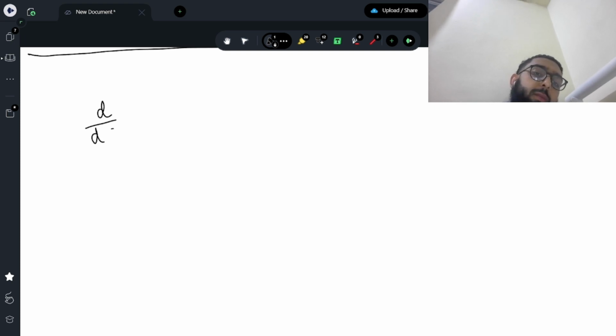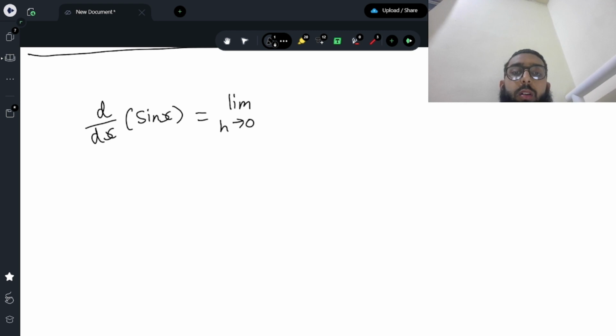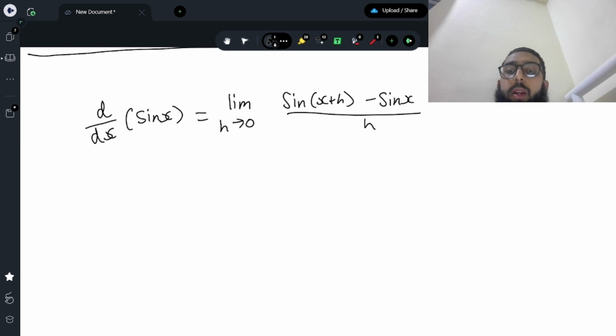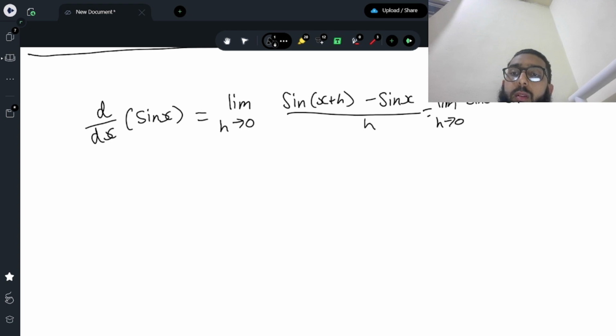So the derivative of sine x equals the limit as h approaches 0 of sine of x plus h minus sine of x all over h. Then we can use the sine addition formula to say that this equals the limit as h approaches 0 of sine x multiplied by cosine h plus sine h multiplied by cosine x minus sine x, all over h.